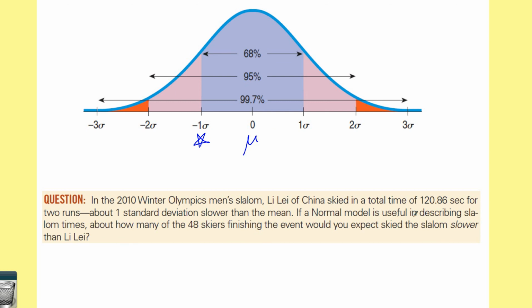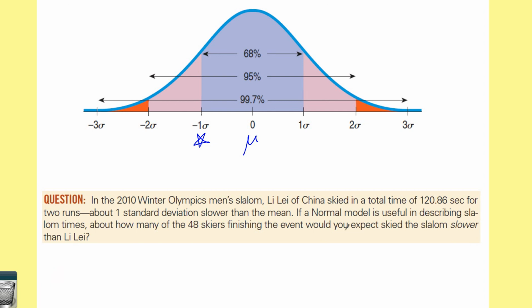If a normal model is useful in describing slalom times, about how many of the 48 skiers finishing the event would you expect skied slower than him? So let's see.